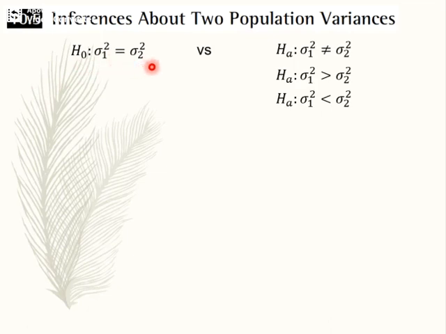We're going to just test whether it's equal versus any of these three different cases. Note well that this null hypothesis is equivalent to this one, in other words, that the standard deviations are equal. So the way that you test this hypothesis is exactly the same procedure for testing this one, because these two things are equivalent.